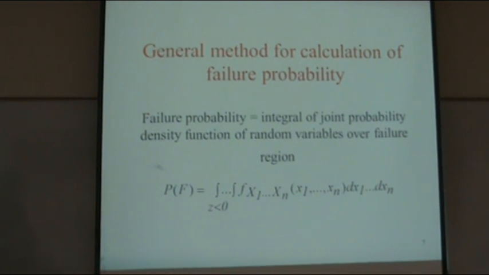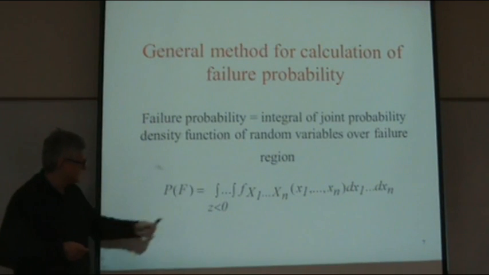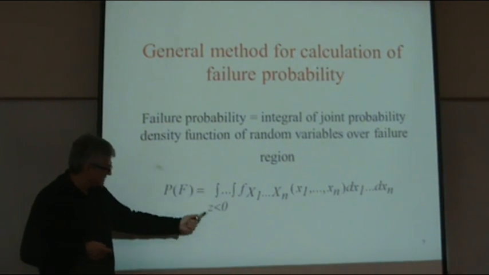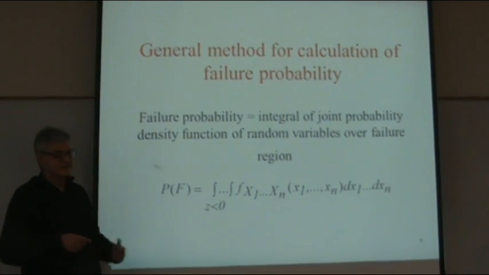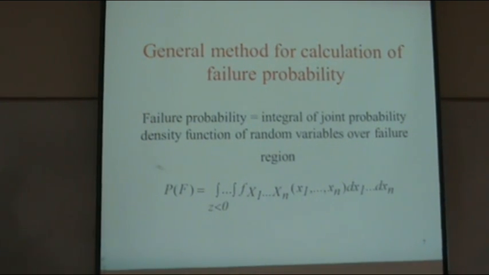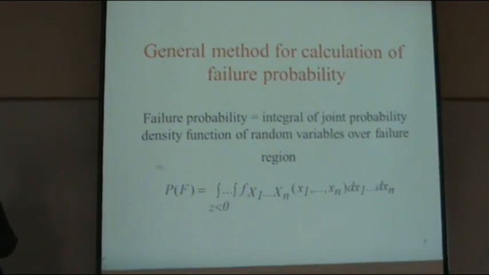Now, in general, to calculate the probability of failure, you integrate the probability density function of all the variables in the region where the performance function is negative. So you find the volume below the joint probability density function in this region.